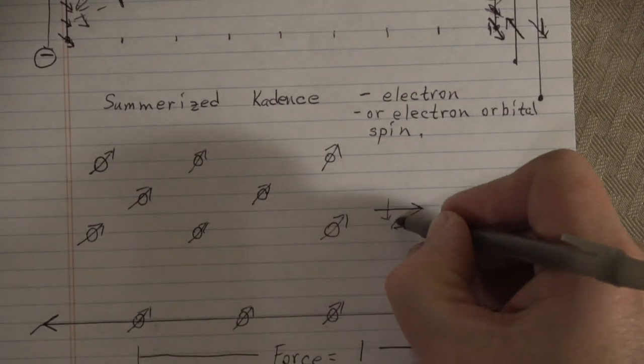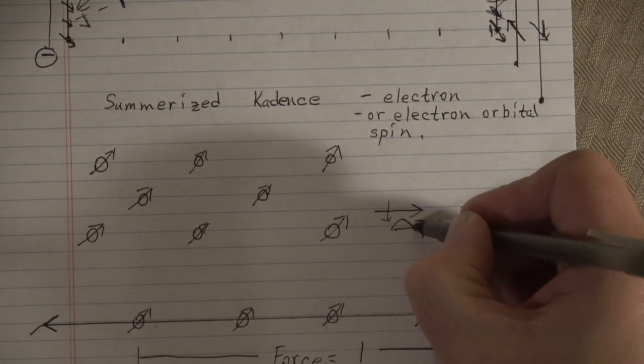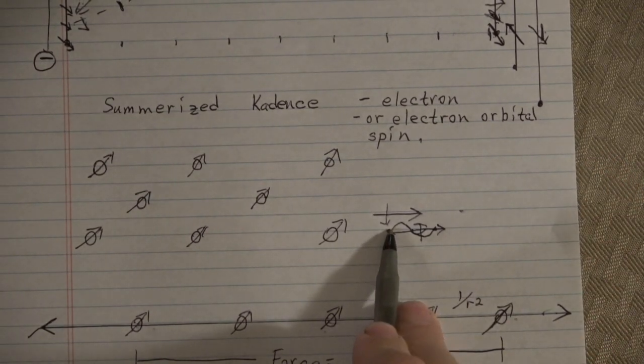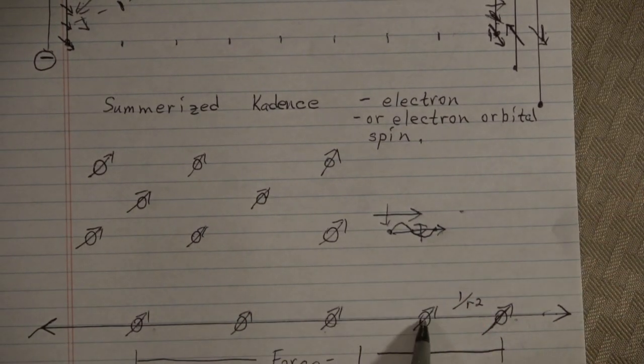I'm saying that it is the actual wavelength of the photon, the synchronization of that wavelength to the synchronization of the electrons, that makes up polarization.